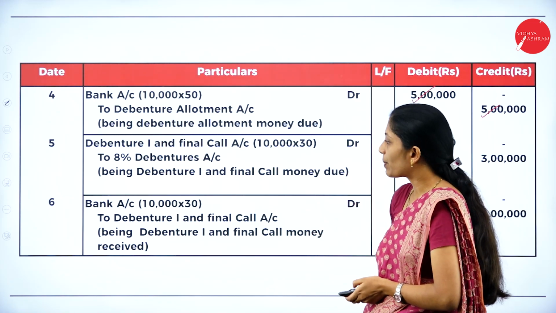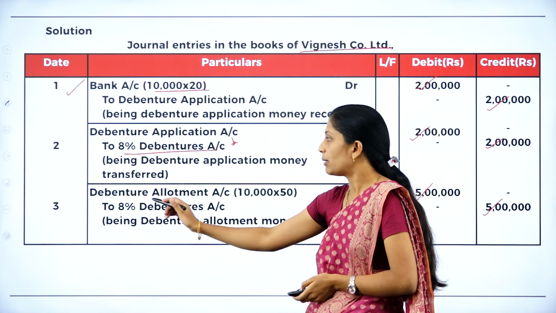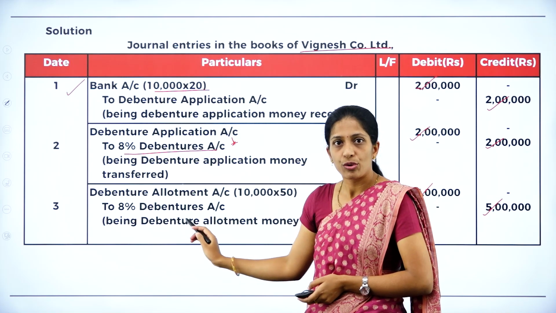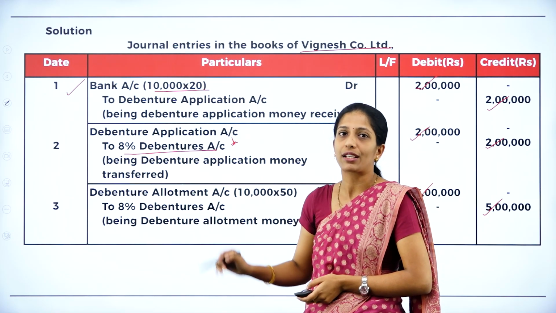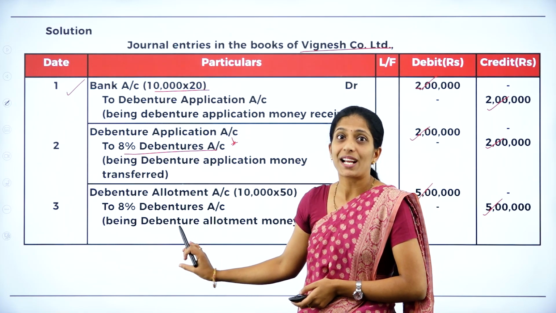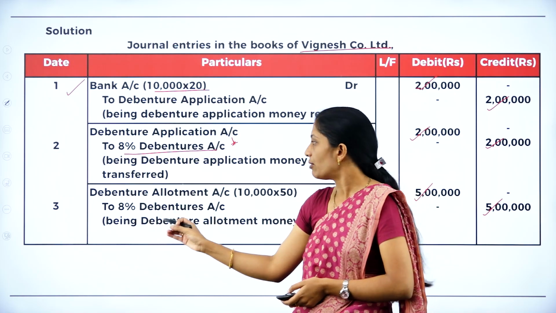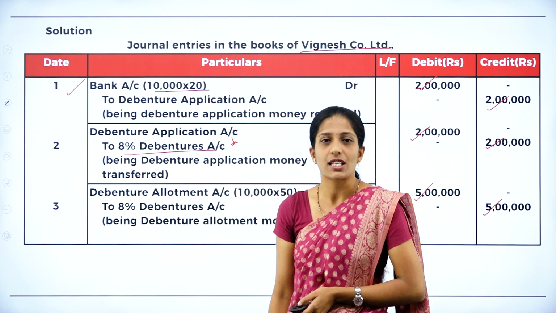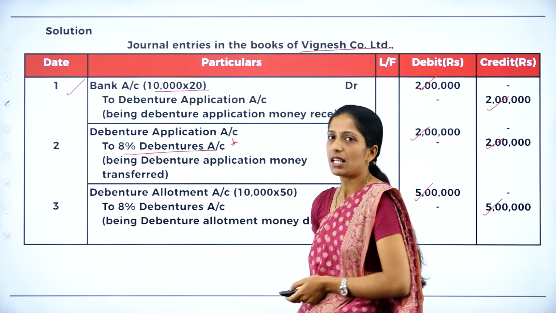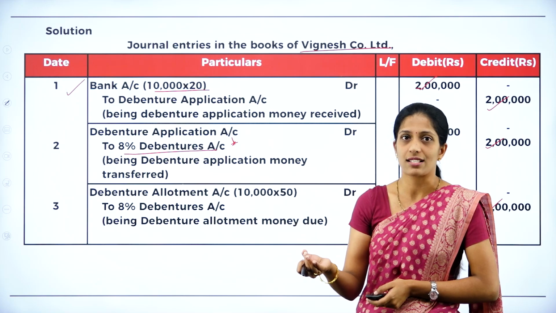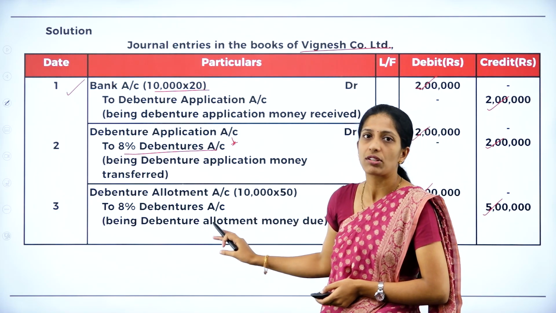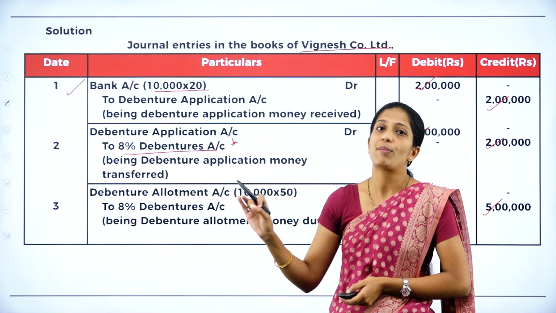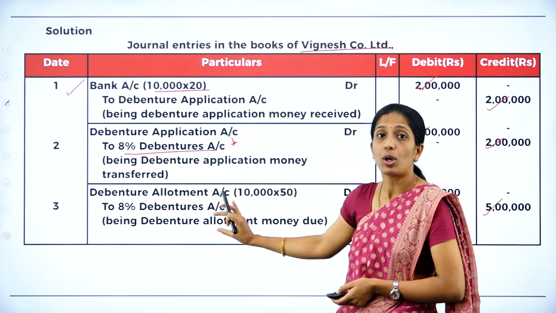If it is at premium, then your entry will be debenture allotment account debit to 8% debentures to securities premium. So that will be under premium. If it is at discount, debenture allotment account debit, discount on issue of debentures account debit to 8% debentures account. That is on discount. So you have to make these changes when it is issued at premium or discount. Now this is an entry on par.